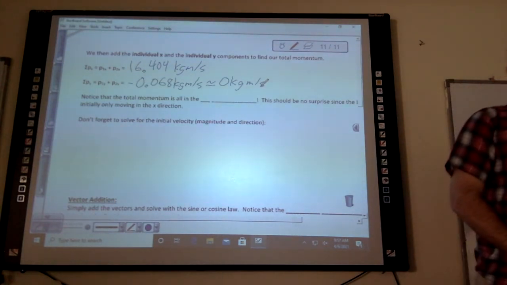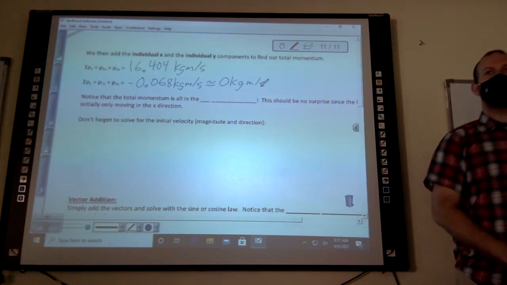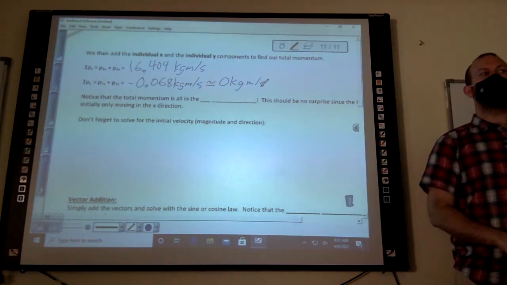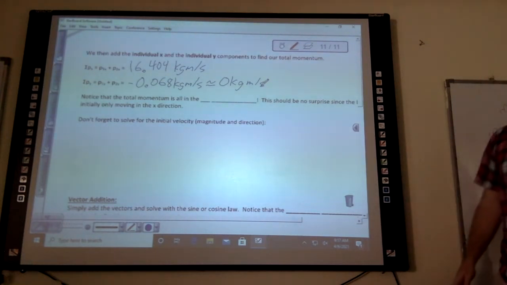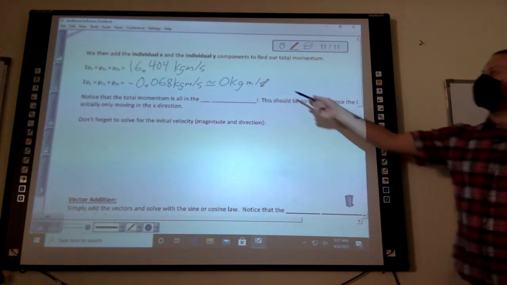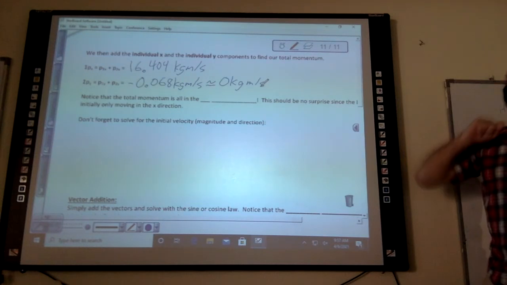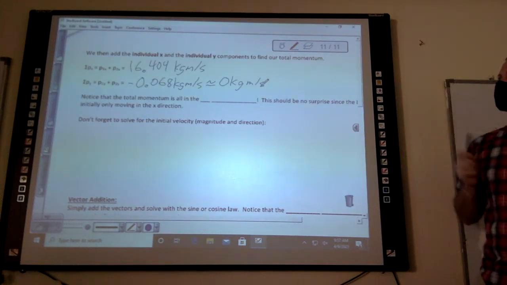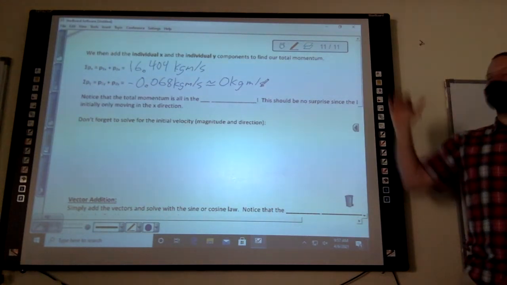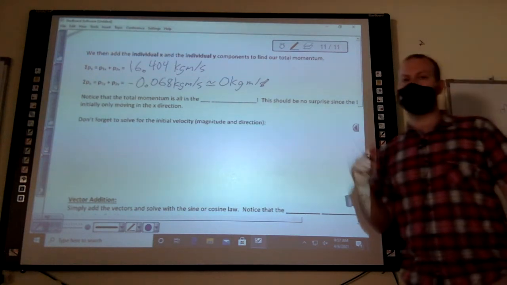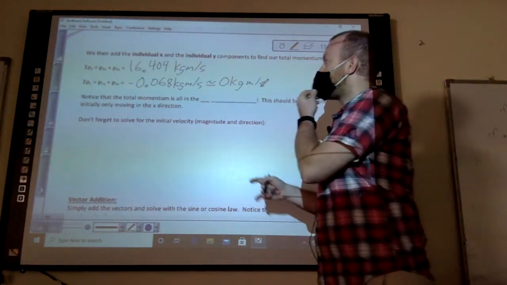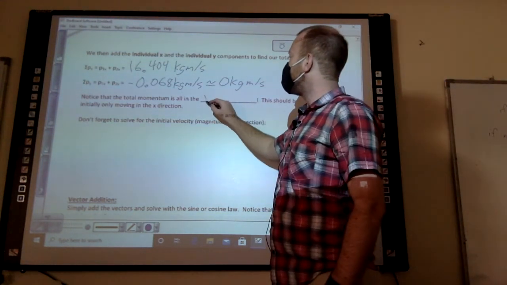It's moving east. So if it's moving east, I should have no Y component. It shouldn't have any up or down movement because it's purely going east. So total momentum is in the X direction.